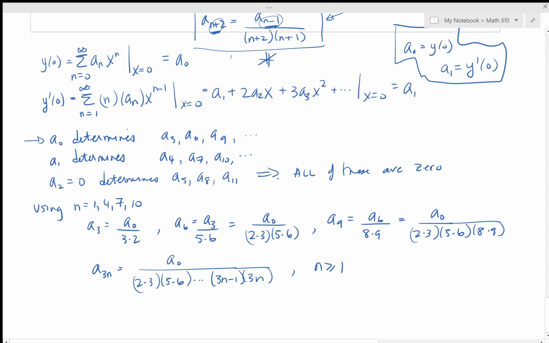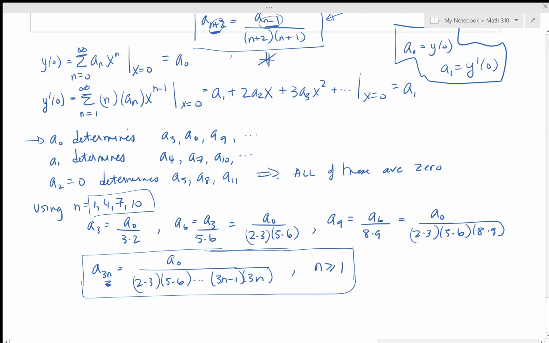It's a bit unfortunate, but I'm looking at these specific values of n, and because I've put this 3n here, now I've just got n equals 1, 2, 3, 4. So I hope that's not confusing, but that is now an expression for all of the coefficients where the index is a multiple of 3.